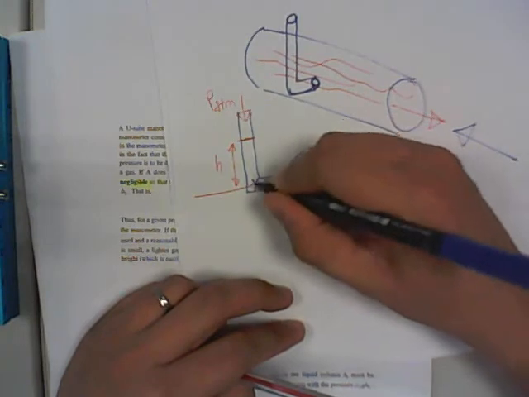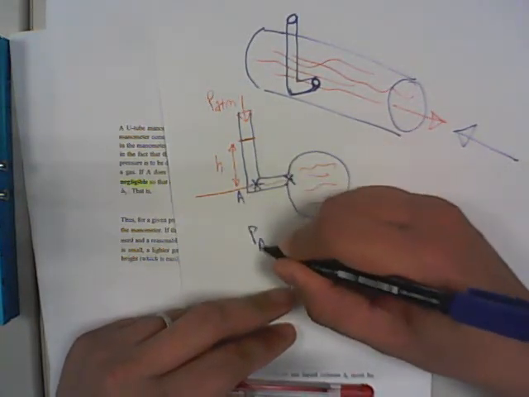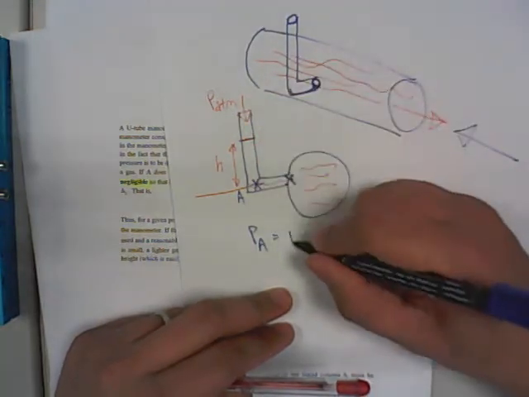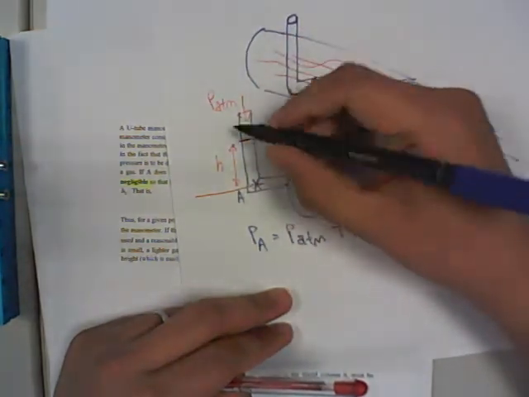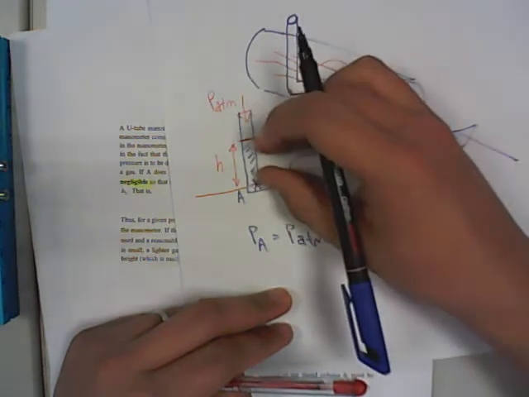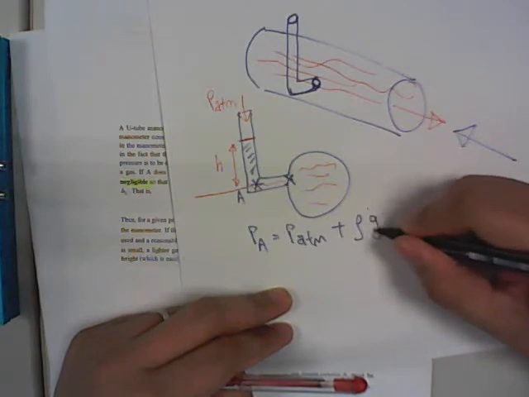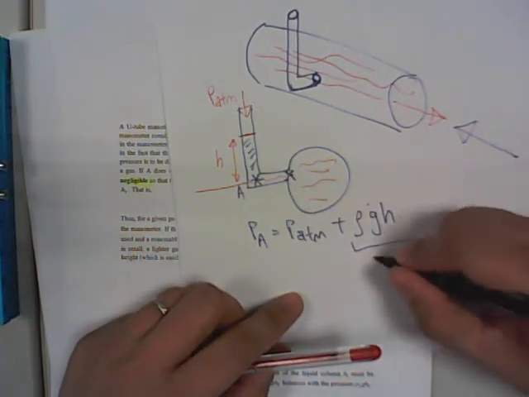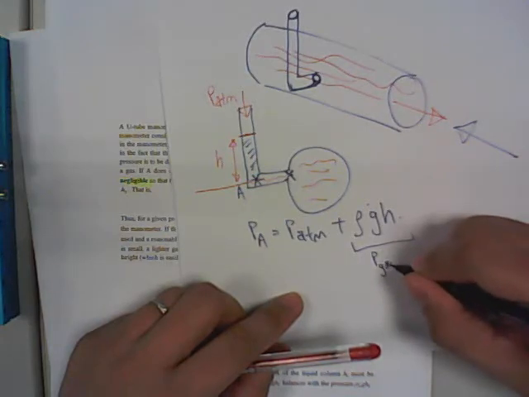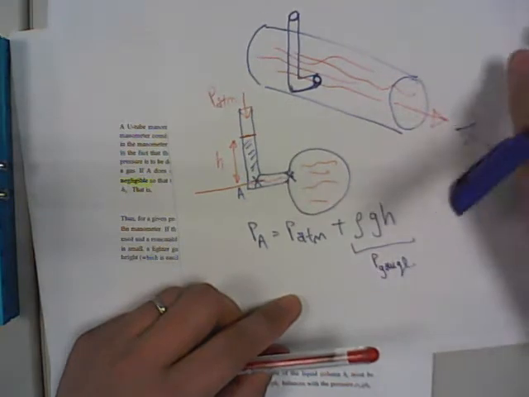Let's say this is A. So pressure at A is your atmospheric pressure plus the contribution by this column of fluid, which is rho g H. So this is the gauge pressure at this location.